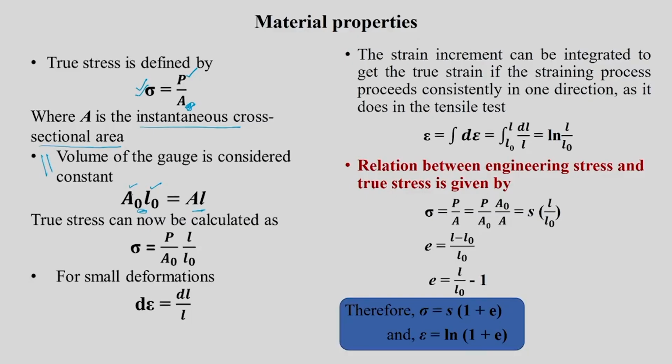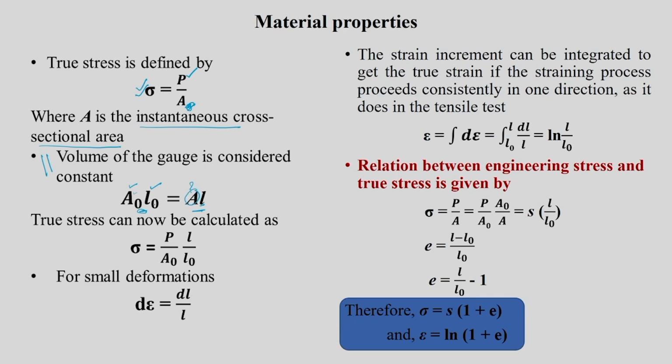So, we can get the initial volume, and A is the one which you are going to evaluate, and L is your instantaneous length, which is also known to you, because you are the one who is going to deform. Let us say the 50 mm gauge length will become 51, 52, 53. So, you know the length. From this A can be obtained, and I am going to substitute here.